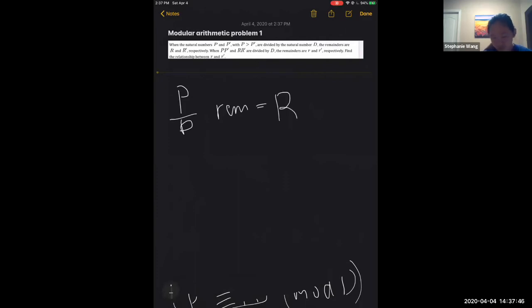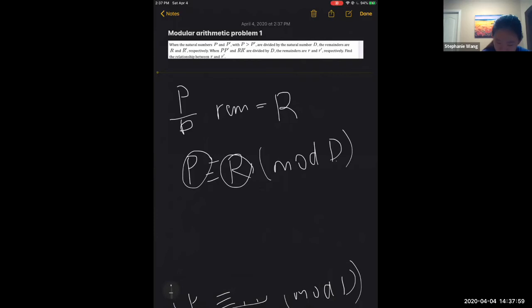So we can rewrite this in mod form as p is congruent to r mod d, because r is the remainder when p is divided by d. So that means they're congruent mod d. And then in the similar case, p prime divided by d has a remainder of r prime. So we know that p prime is congruent to r prime mod d.